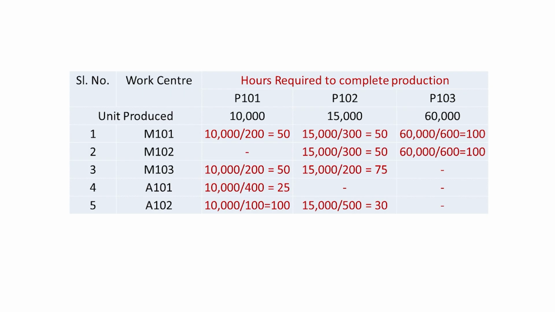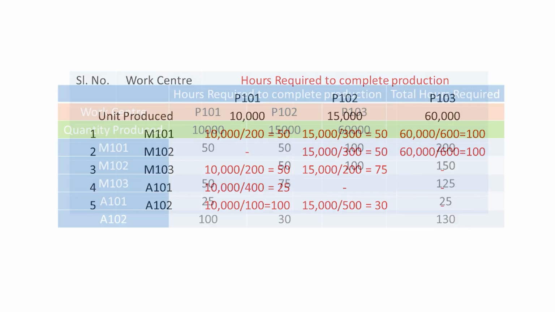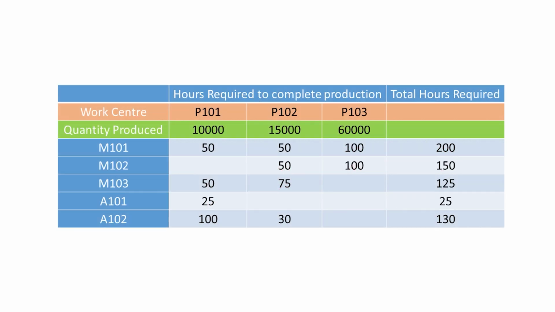If we perform similar computation, we get machine hours and assembly hours required for different products. The table on the screen shows these values. Machine shop 101 takes 50 hours to process the first product, another 50 hours for the second product, 100 hours for the third product.